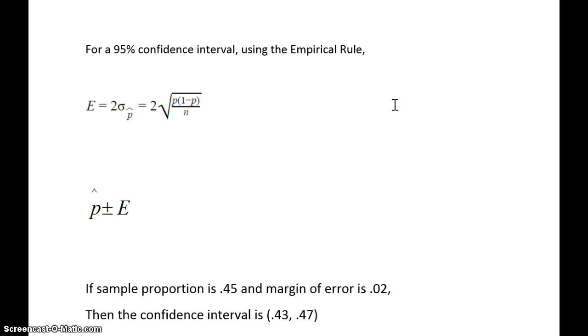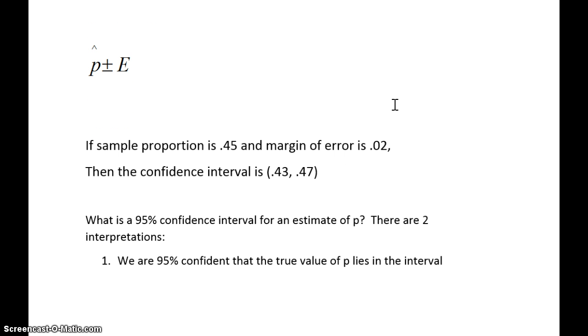So, the margin of error is roughly 2 standard deviations, 2 times the square root of p 1 minus p over n. How do you construct a confidence interval? Well, if we're going to estimate p, you take p hat plus or minus the margin of error. So for example, suppose we had a p hat value of 0.45.